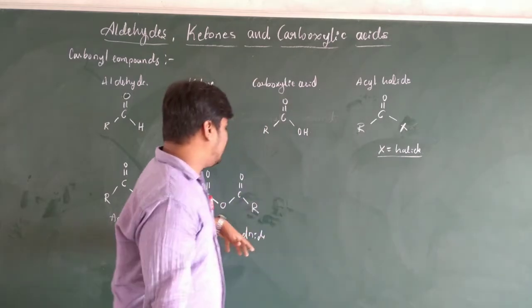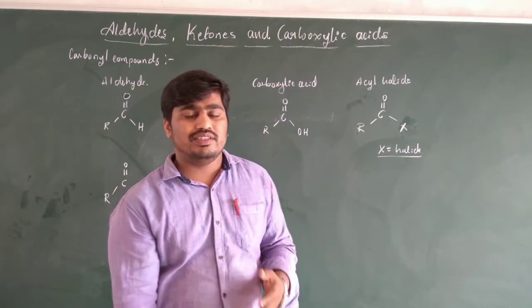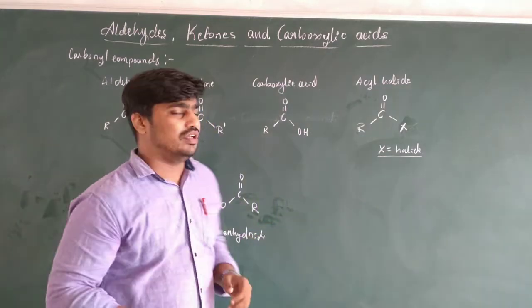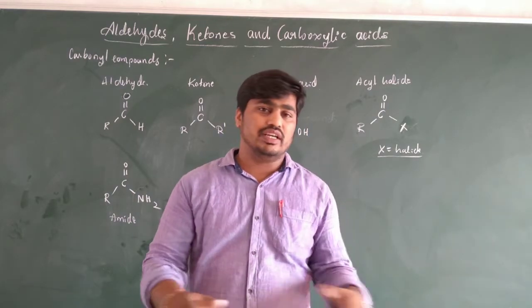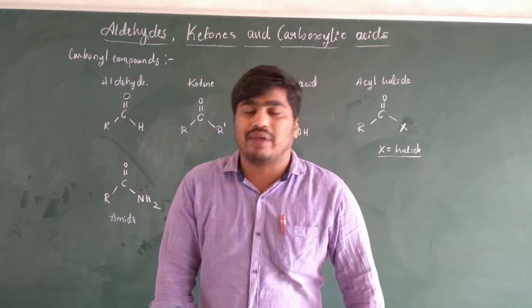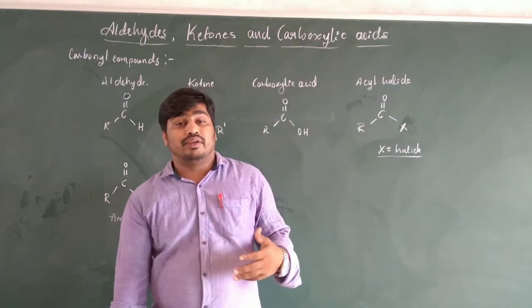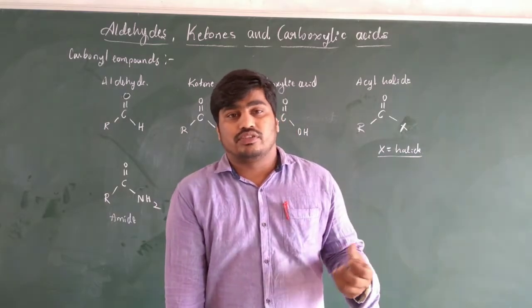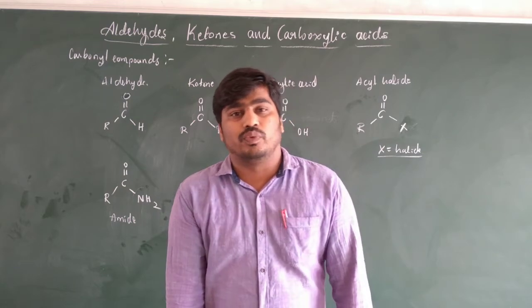Similarly, different types of carbonyl compounds are observed. Then what is the importance of these carbonyl compounds? Carbonyl compounds are majorly distributed in the animal and plant kingdoms. Suppose we consider substances with a pleasant fragrance or smell, like vanilla.